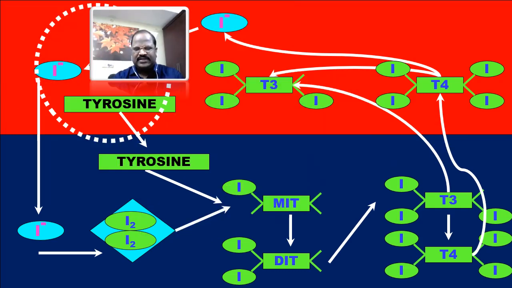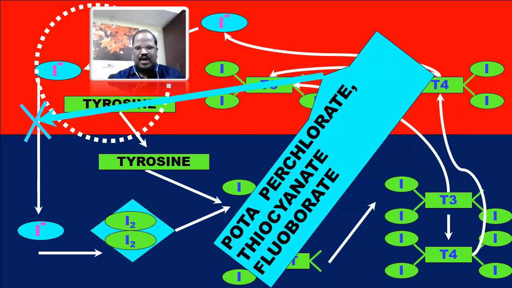The next important group of antithyroid drugs we are going to discuss includes potassium perchlorate, thiocyanate, and fluoroborate. How do all these drugs work? These drugs inhibit the uptake of iodine. The first step, iodine uptake, is blocked by potassium perchlorate and thiocyanate.